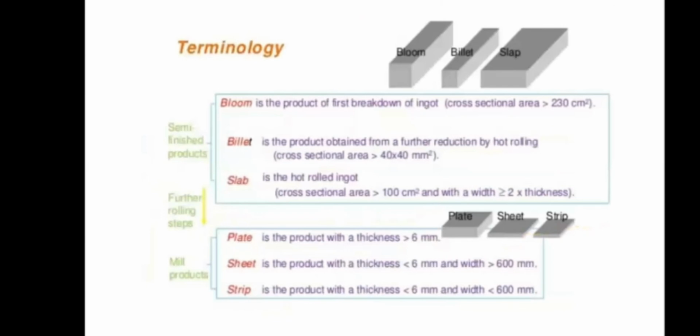See here, the terminology used in the rolling operation. Here, the raw material you take, okay, bloom is the raw material. The size is larger size material. You see on the top, the diagram is given. Bloom will have larger cross-sectional area. So bloom will be reduced into billet.